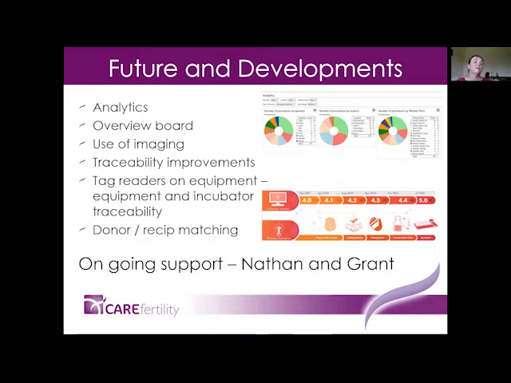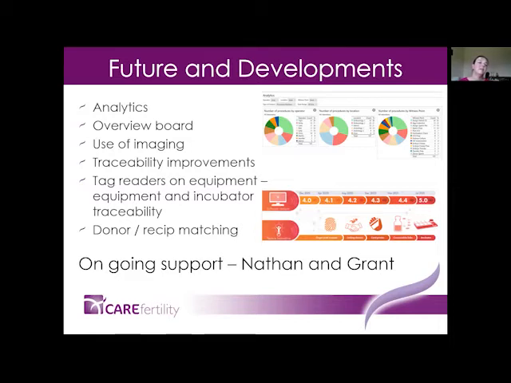One of those is possibly having tag readers on your equipment so that you've got traceability of your incubators or your ICSI rigs, for example. And I think there's also a little bit of work that's going to go on around the donor recipient witness matching as well.